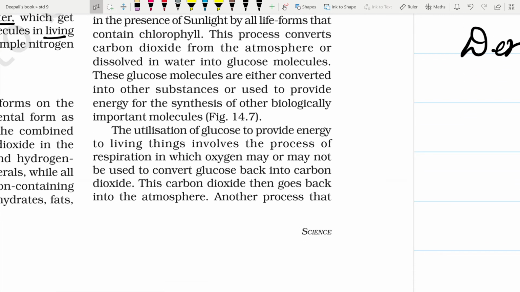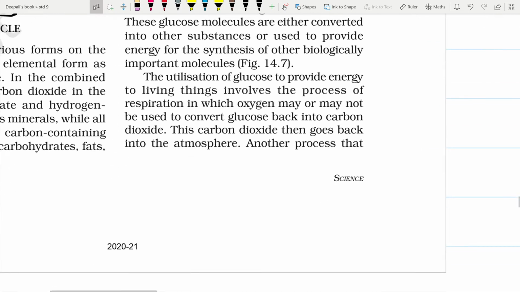Utilization of glucose to provide energy to living things involves the process of respiration, in which oxygen may or may not be used, and glucose gets converted back into carbon dioxide. This carbon dioxide then comes back to the atmosphere.